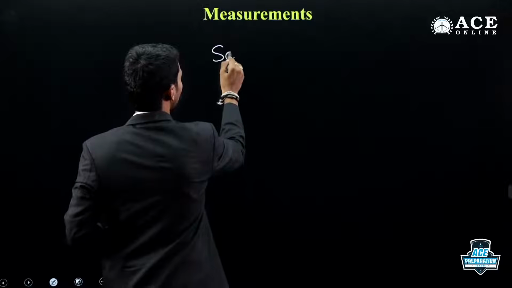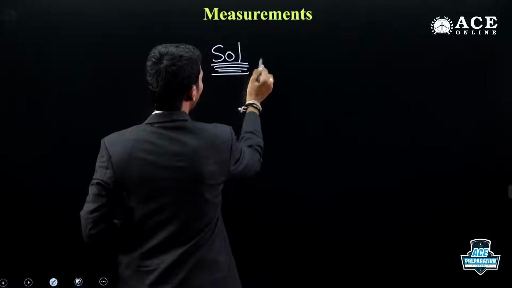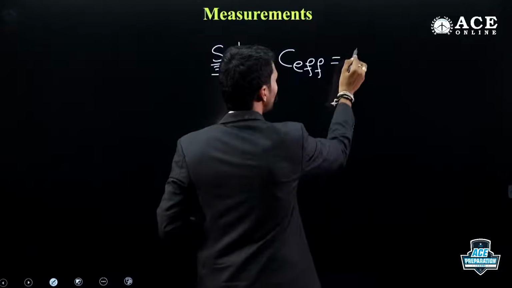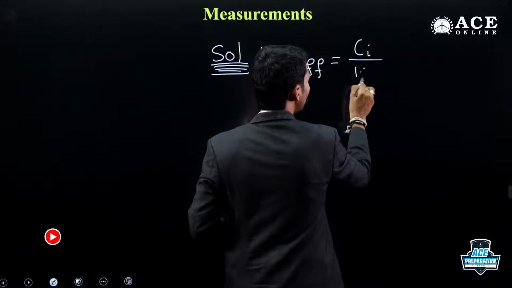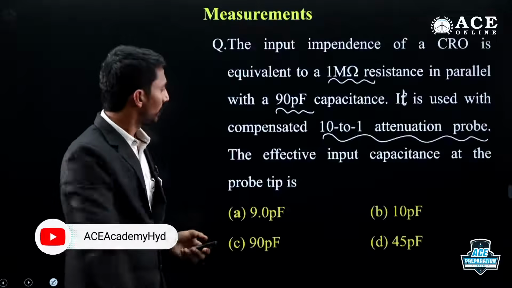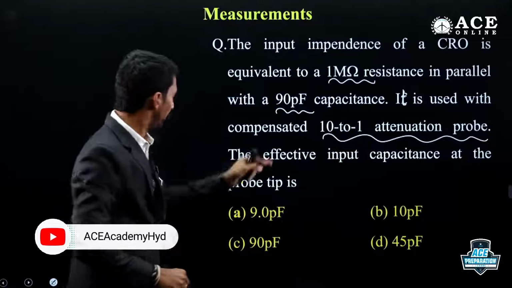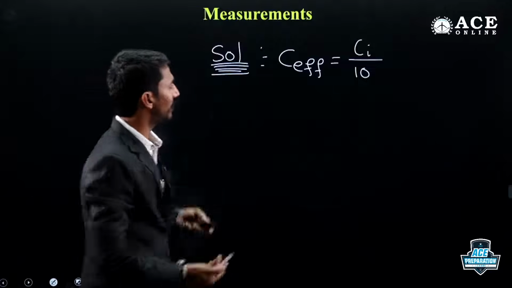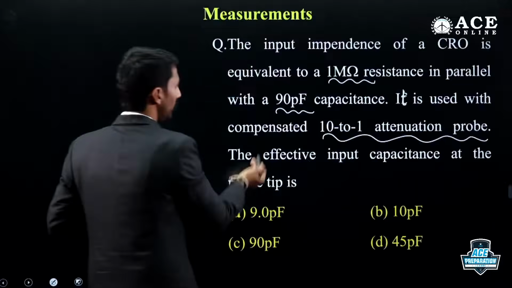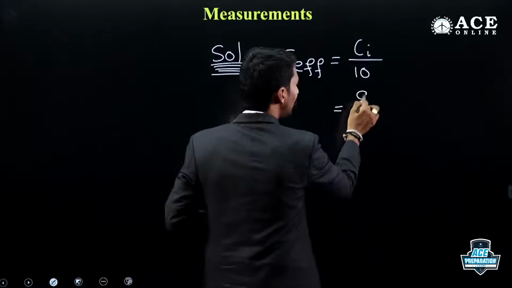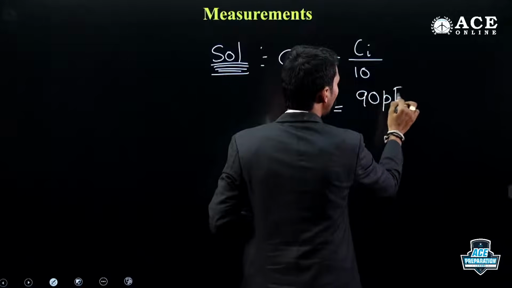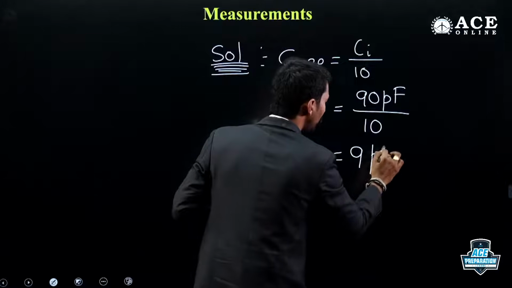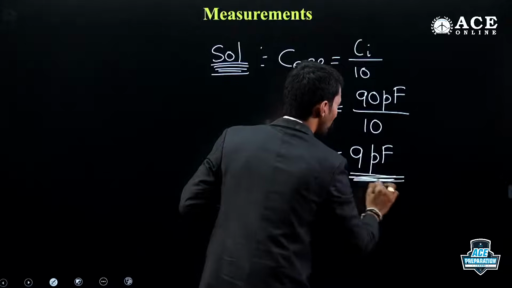C effective is equal to C_i by 10. Why 10? Because a 10 to 1 probe is there, so automatically n is 10. I have substituted. What is C_i? Input capacitance 90 picofarad. 90 picofarad by 10, so automatically 9 picofarad.